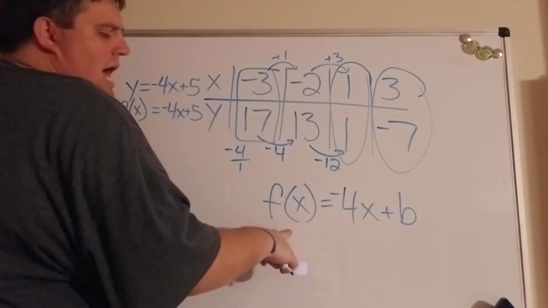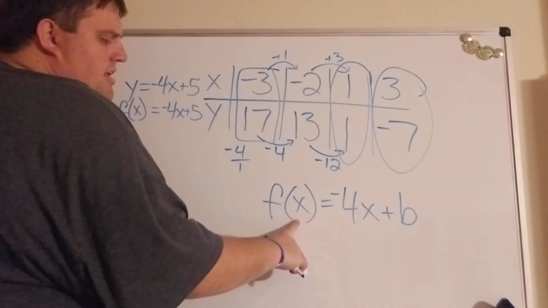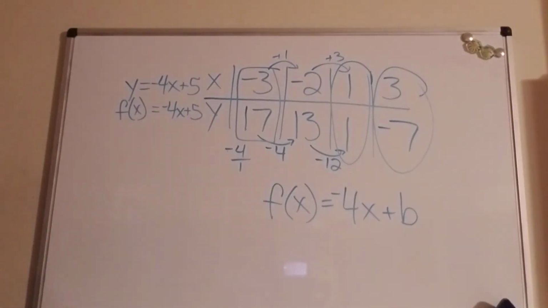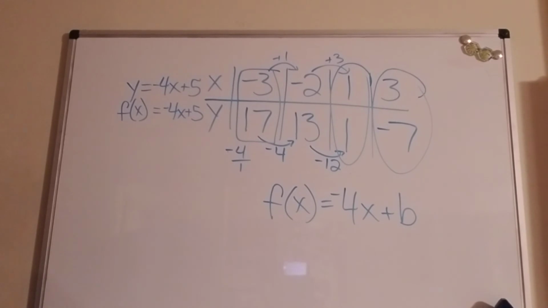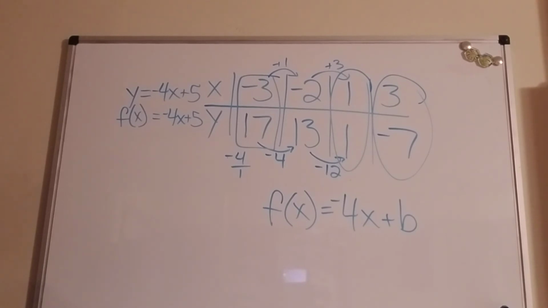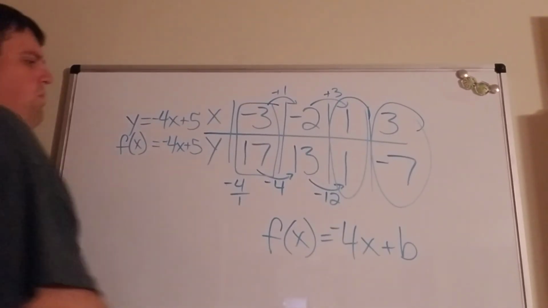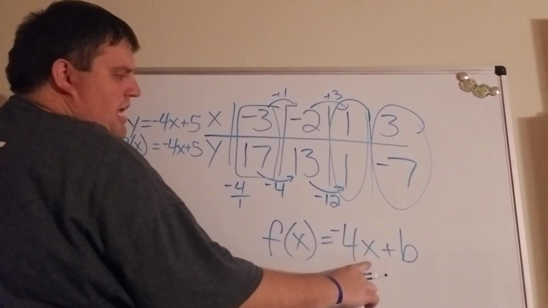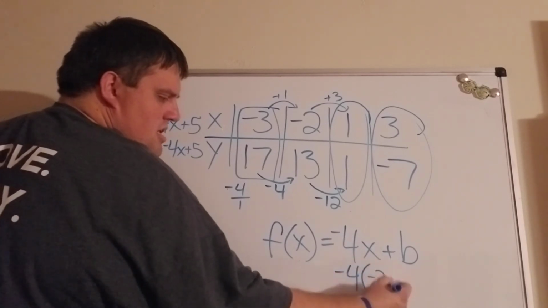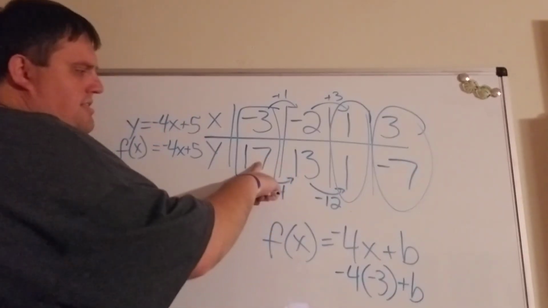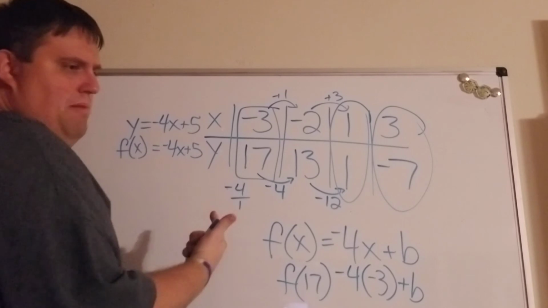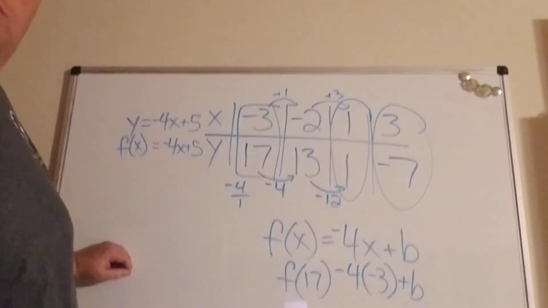That's already an x and a y. So we already have an x and a y here, right? And if I wanted to just use function notation, I could say that if I plug in negative 3 into x, that is the same thing as 17 for y, right? That's just a point that's on my line.